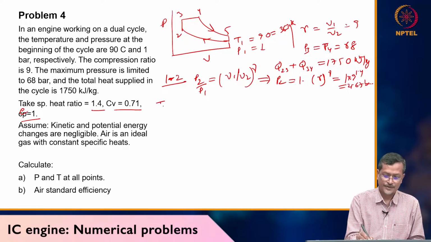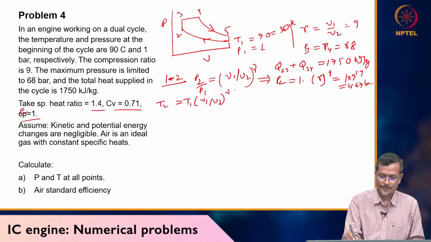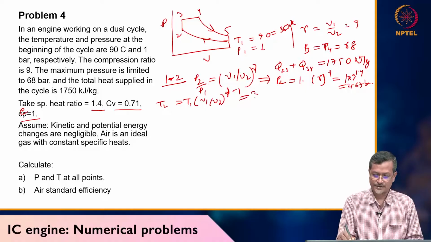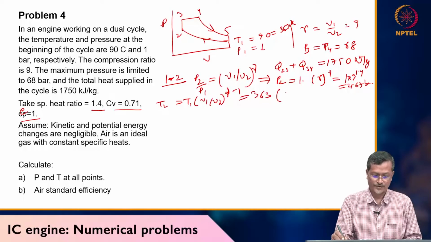Okay, so T2 equals T1 (V1 by V2) to the power gamma minus 1. T1 is given 363, V1 by V2 is given, so 9 to the power 0.4. So this is giving T2 value 874.